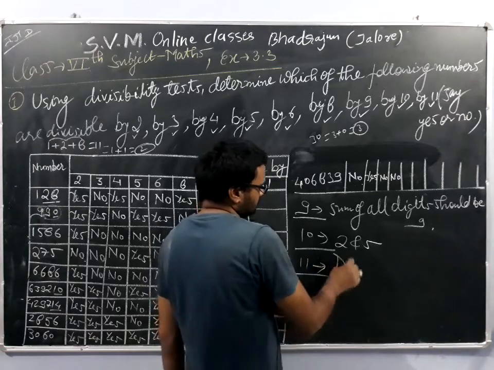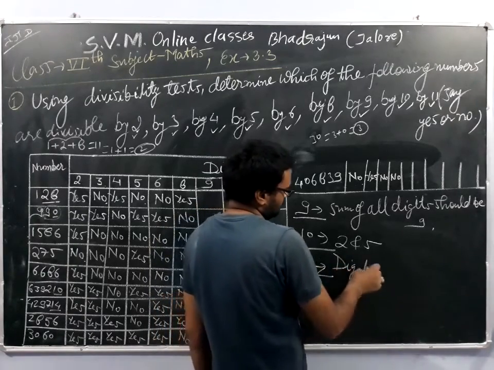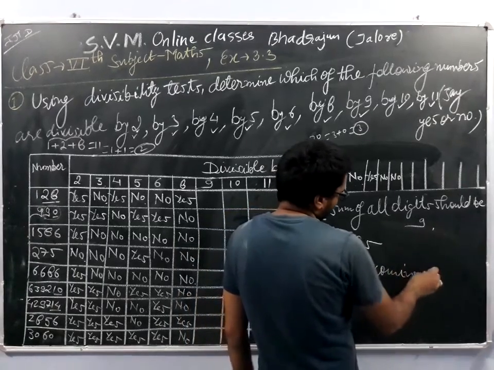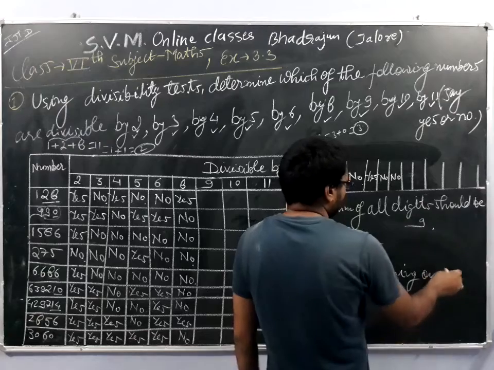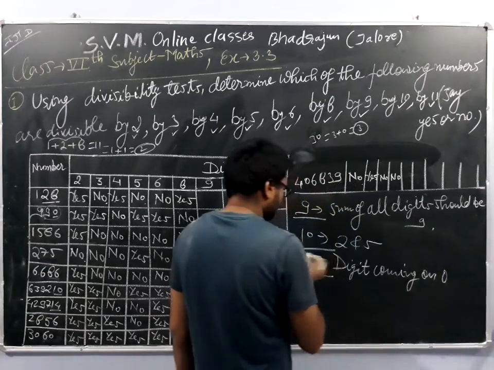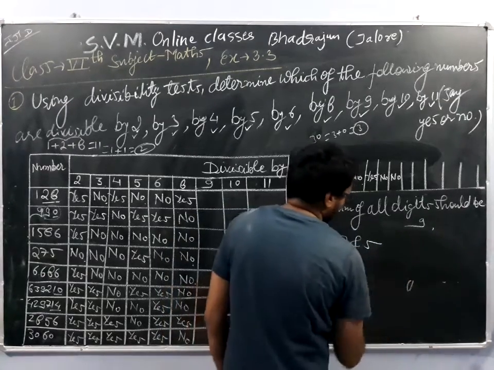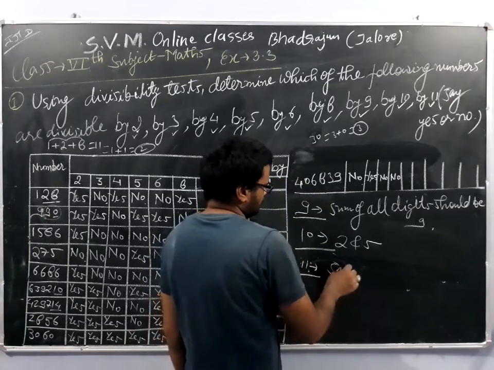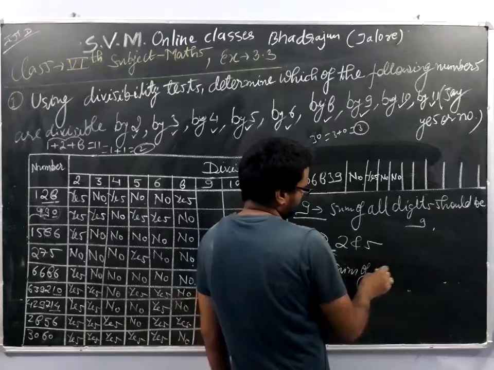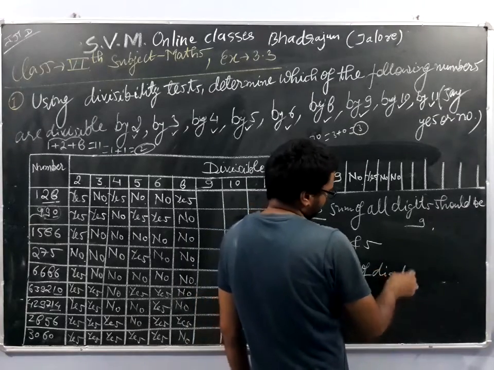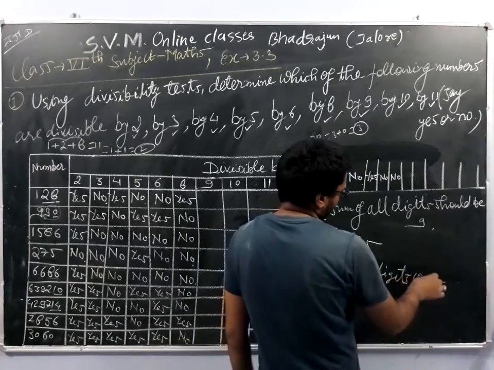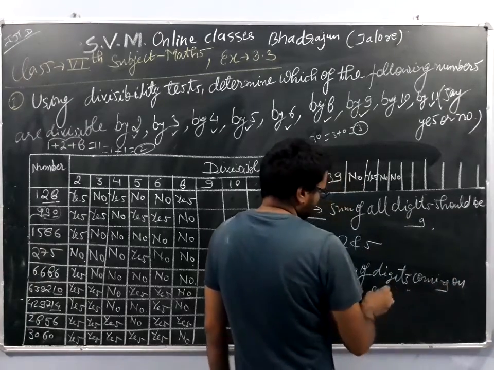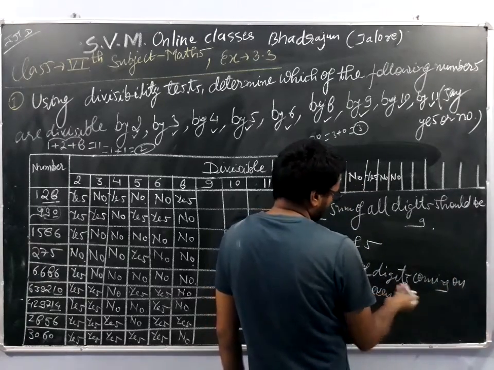digits coming on odd places, sum of digits coming on even places.